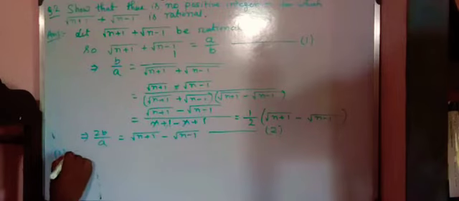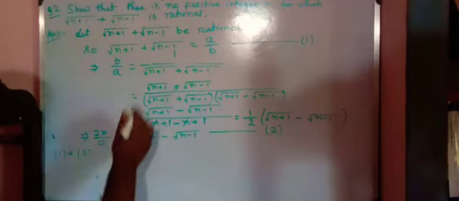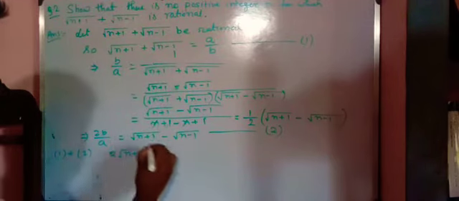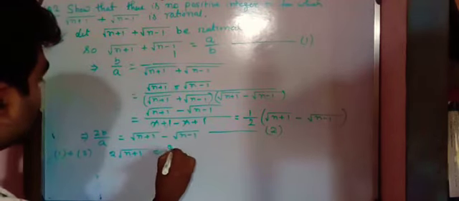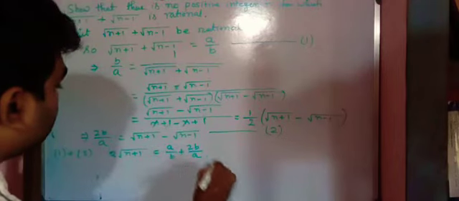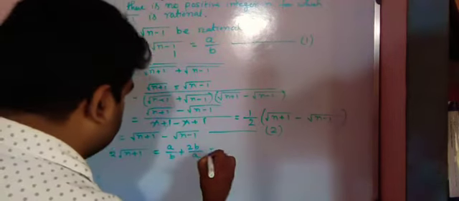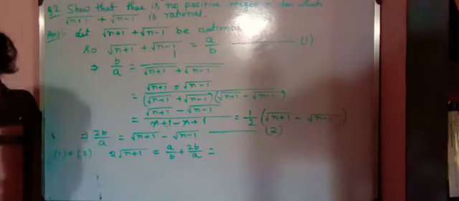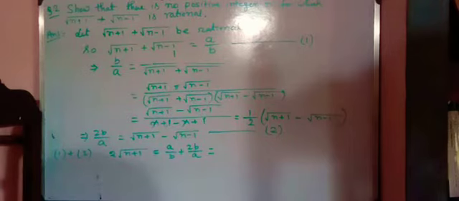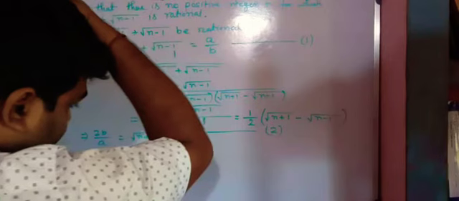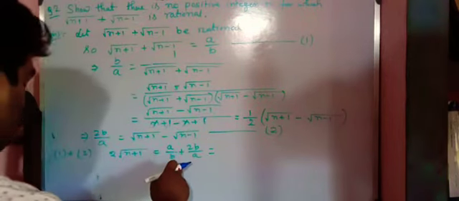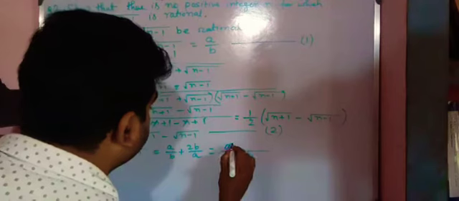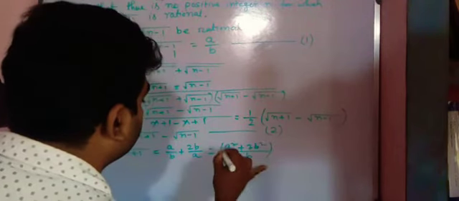Now 1 plus 2, if we add this, we are getting 2 into root over of n plus 1 that equals a by b plus 2b by a, that is a square plus 2b square by ab.